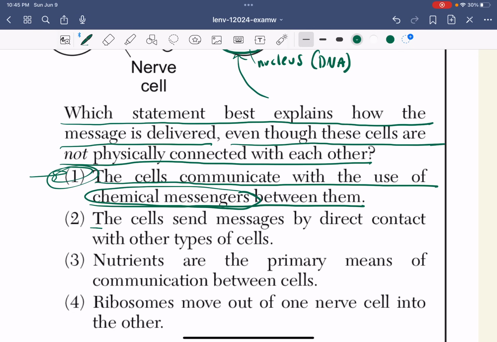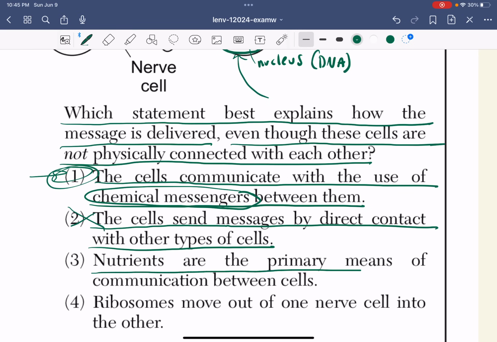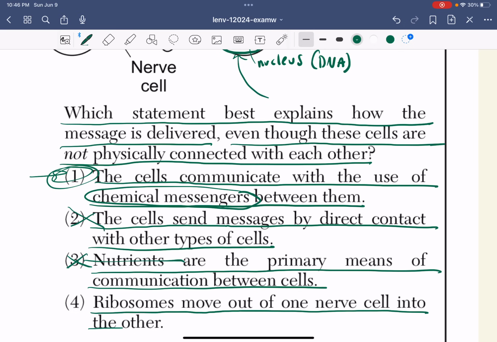Number 2, the cells send messages by direct contact with other types of cells. Does not have direct contact. Number 3, nutrients are the primary means of communication. Nope, hormones are. Number 4, ribosomes move out of one nerve cell. That's not fair.